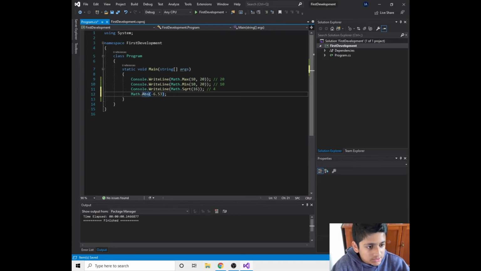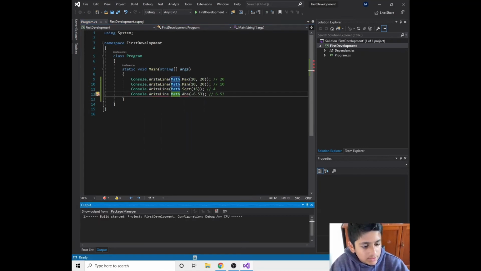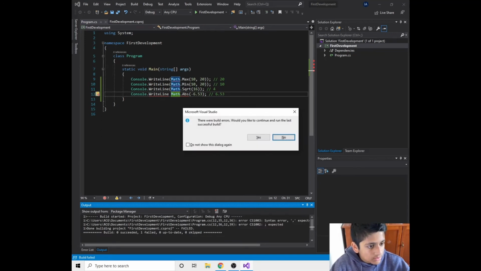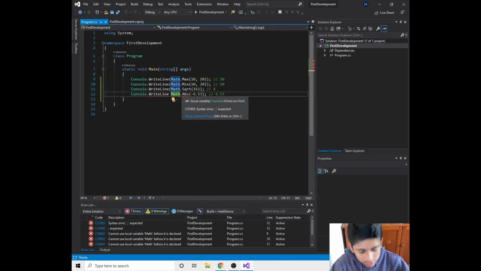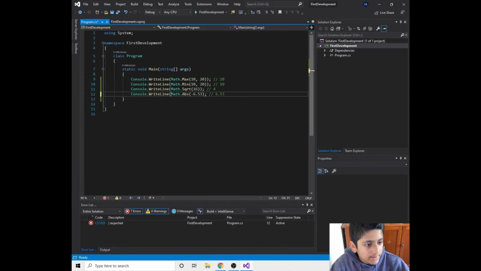That -6.53 will turn into a positive 6.53 right here. So we could do Console dot WriteLine, then I accidentally ran it. We could just put a bracket here and a bracket here again. So we know that this is going to turn into a positive value right here.